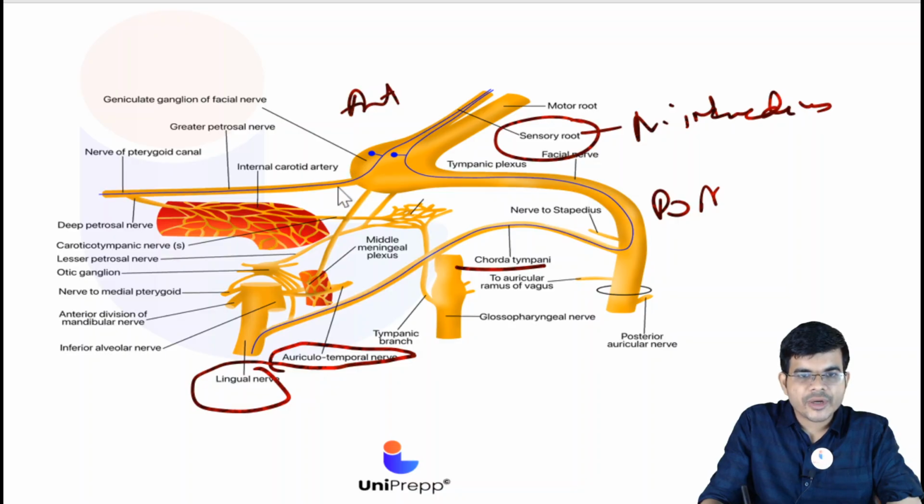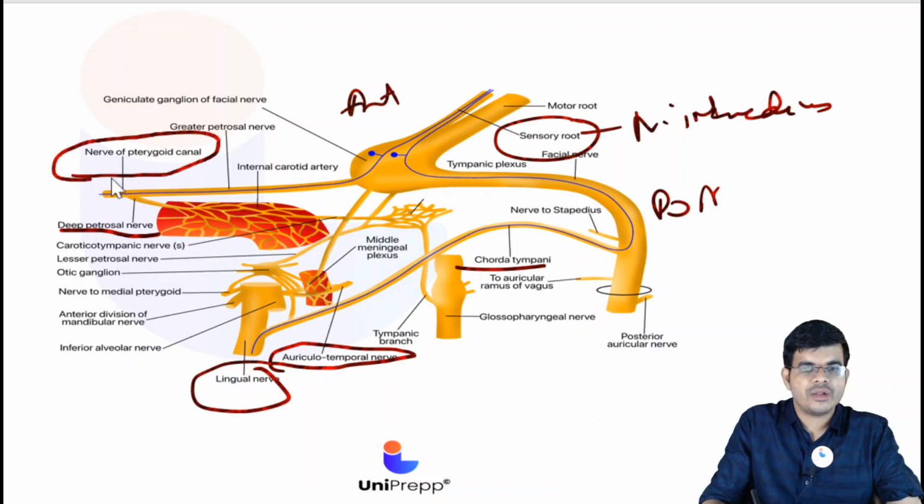You can see the greater petrosal nerve going like this. It joins with the deep petrosal nerve here. Deep petrosal nerve arises from the sympathetic plexus around the internal carotid artery, so it is a sympathetic branch, right? So the sympathetic part is the deep petrosal nerve, greater petrosal nerve is the parasympathetic part, and they join together to form the nerve of pterygoid canal or the Vidian nerve.